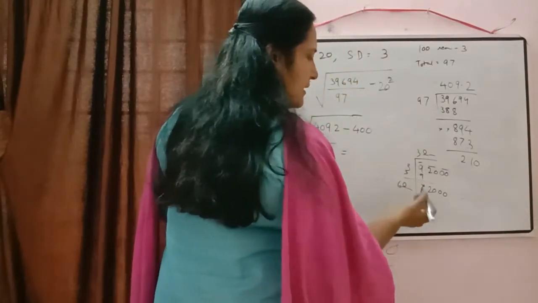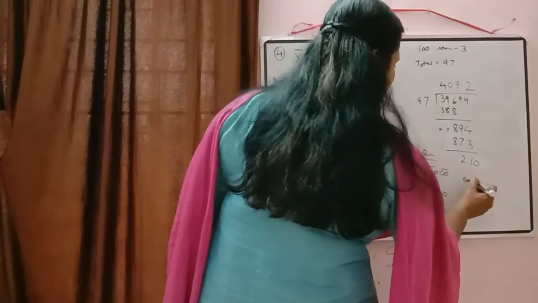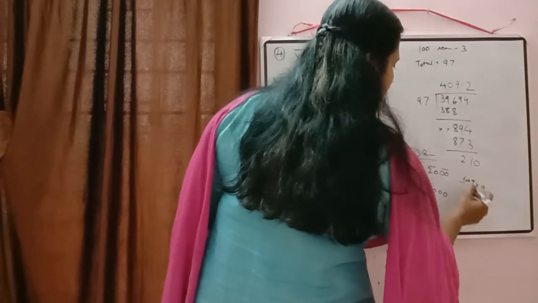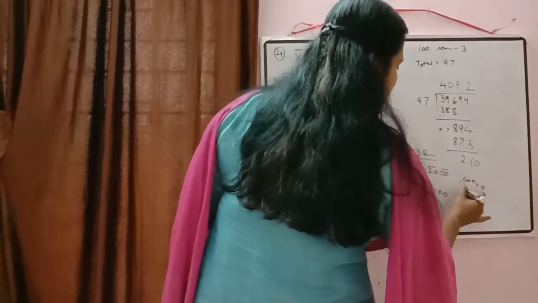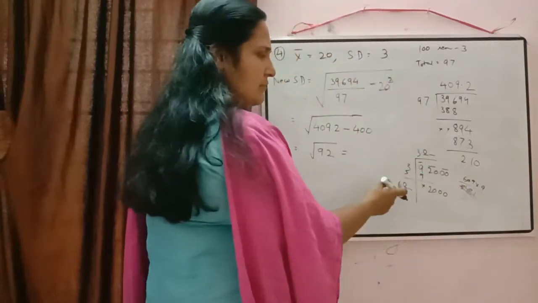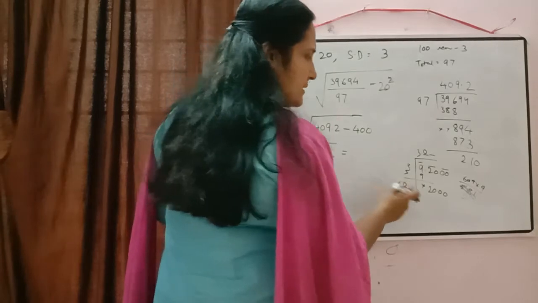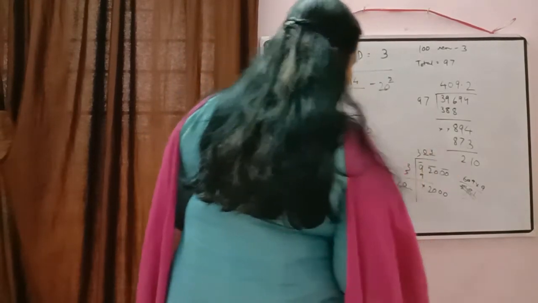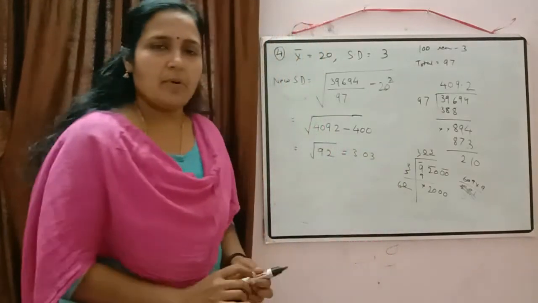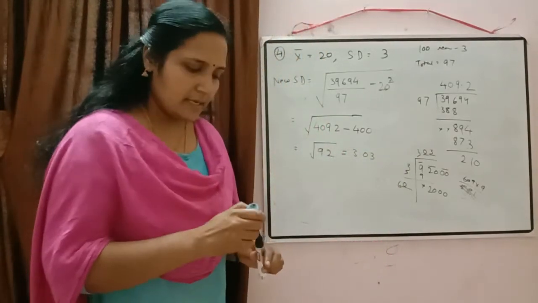You can check with any number by 9. So 609 into 9. 9 nines are 81, carry over 8. 9 6s are 54, greater there. 5 6s are 30, also greater. 4 6s are 24. 3 6s are 18. So the approximate value will be equal to 3.03. Is it clear? Okay.